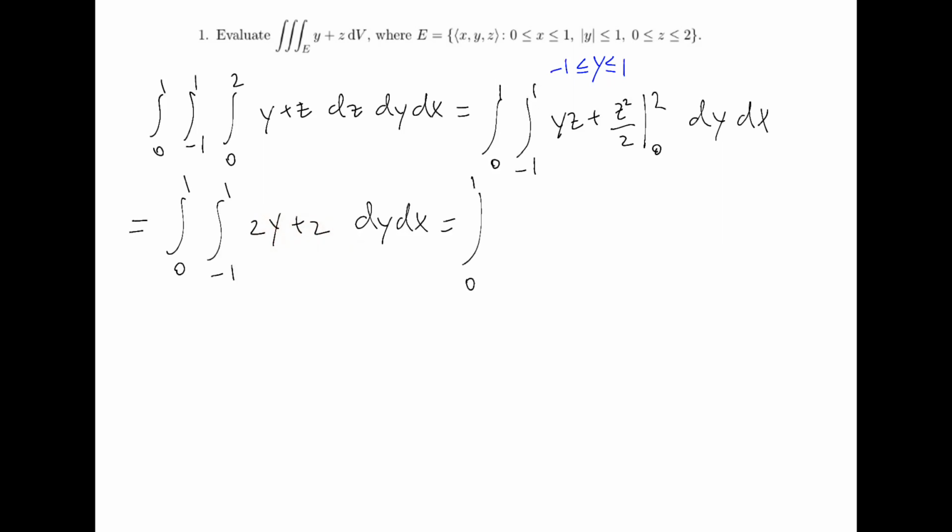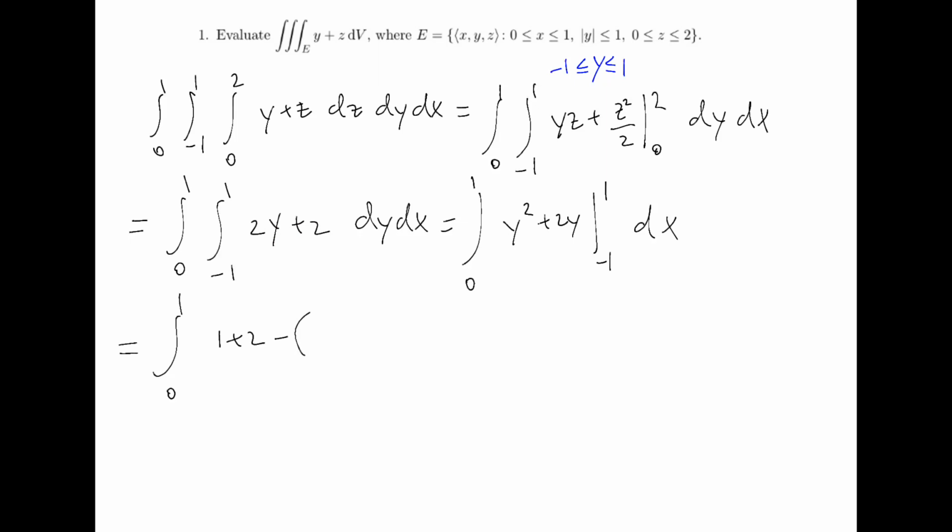So we get the integral from 0 to 1, then the integral of 2y plus 2, that's going to be y squared plus 2y. The values are 1 and -1, dx. So first we plug in 1 and then we get 1 plus 2.